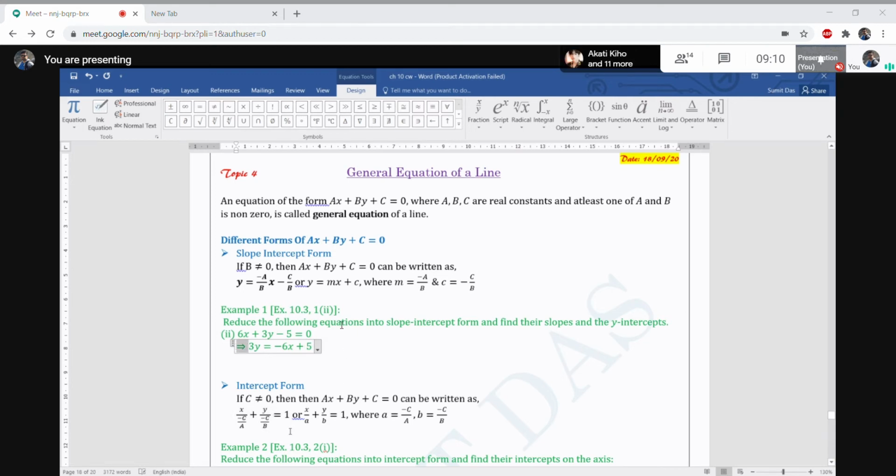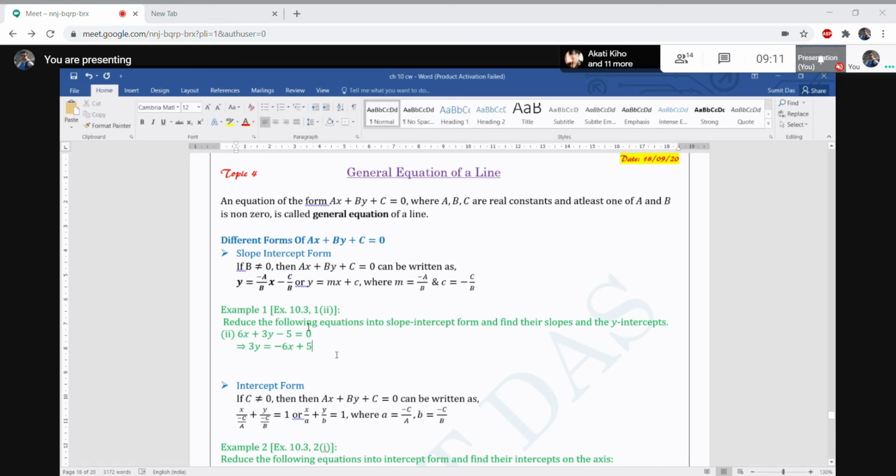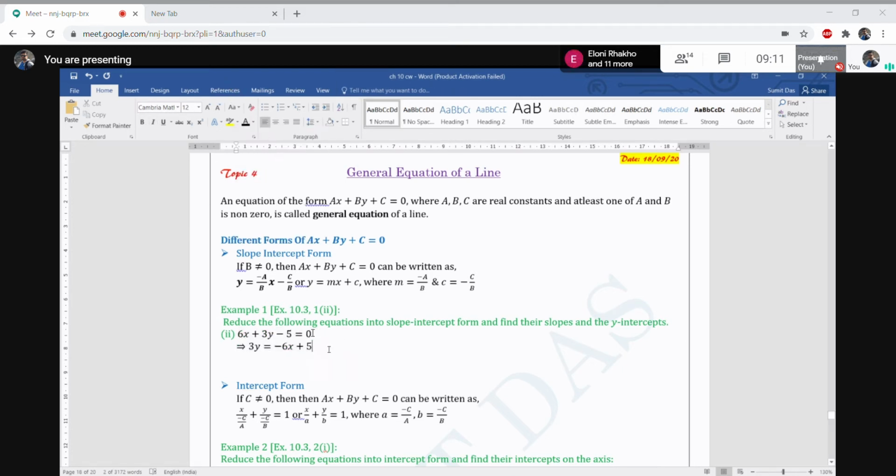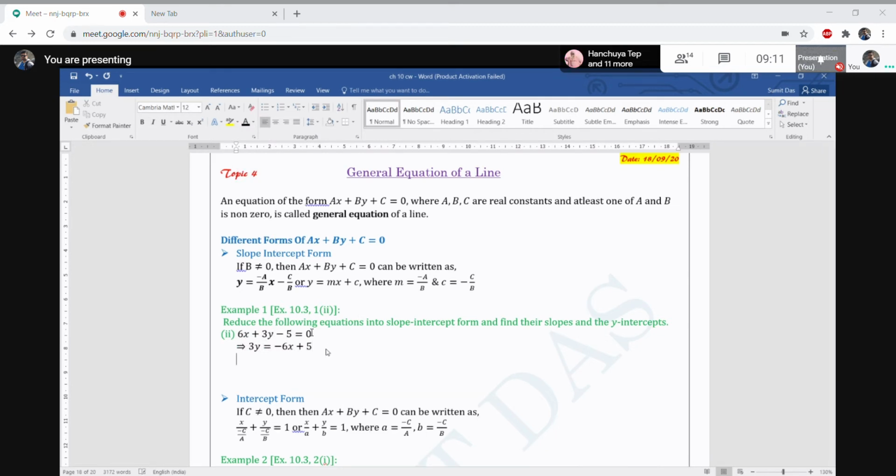That is our first work. Then we have to divide both sides by the coefficient of y. What is the coefficient of y? It is 3.